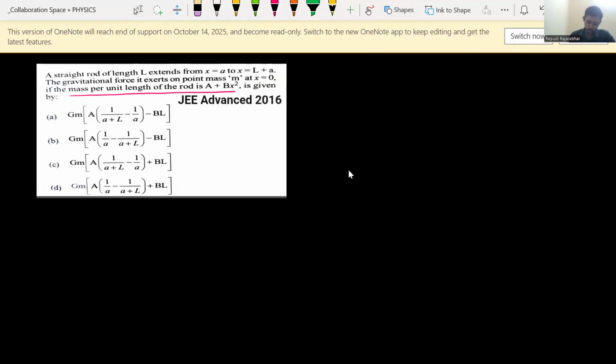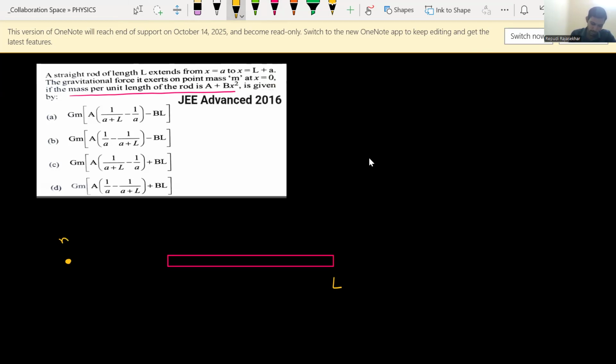Take a metallic rod. There is a metallic rod given, and this metallic rod has a length L. As per the question, its length is given as L. Now there is a point mass. This rod is applying some gravitational force. It exerts it on a point mass, right?